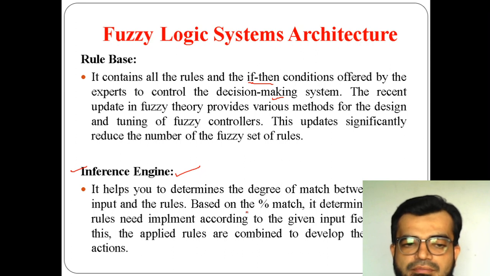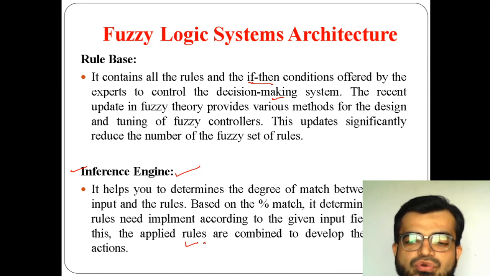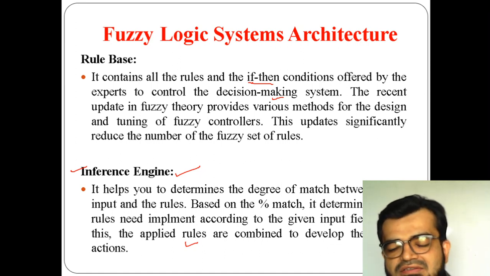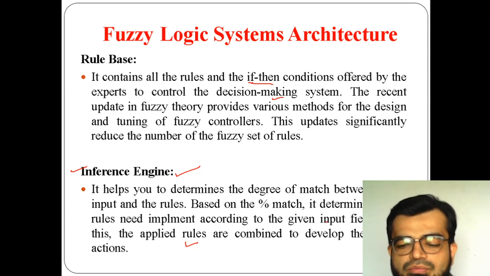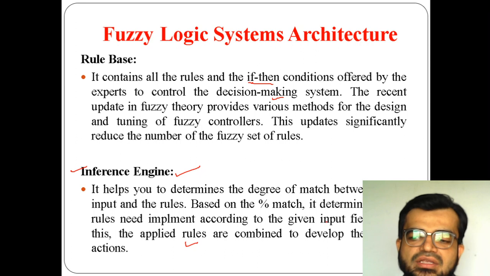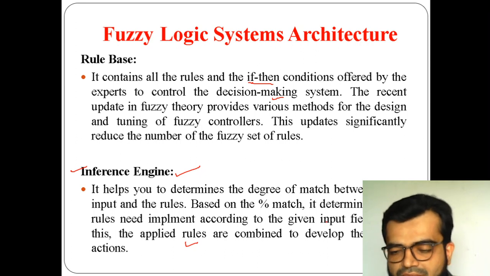So who will decide that? The inference engine will decide what kind of action has to be performed. Based on that, particular rules have to be combined and implemented to develop the control action. The actions can be giving more time or less time for washing the clothes, and so on. Not only washing machines, most machines currently use the concept of fuzzy technology.